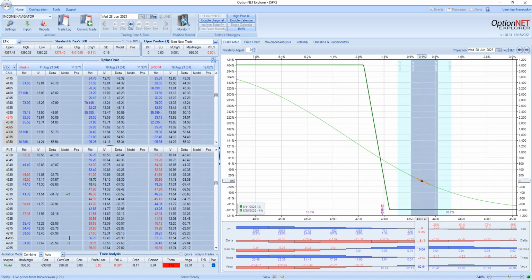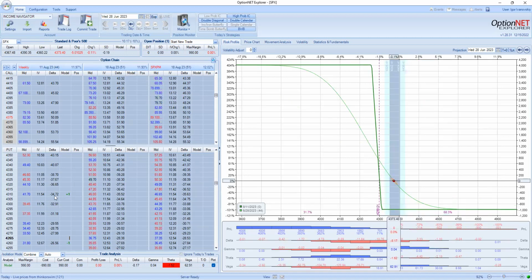And we can look at my long option is at a delta of 34 or 35, which means there is an implied probability of profit for this option of only about 35%, which means that there's a 65% probability that this option, 43.10, the long leg of my put debit spread, is going to expire out of the money.